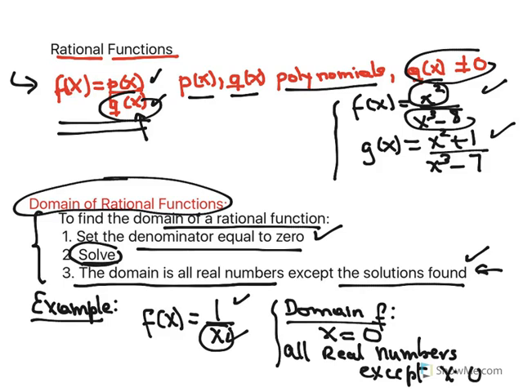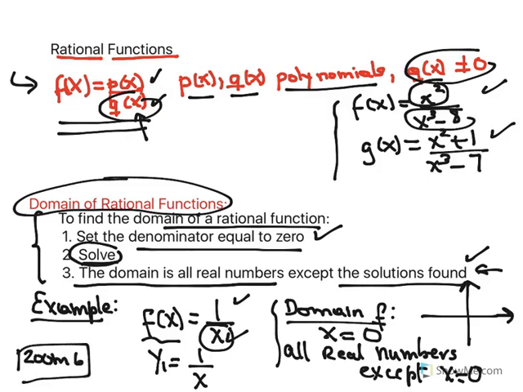x equals 0. Now, if you place this function in your calculator, y1 equals 1 over x, and you do a zoom 6 to graph this function, you're going to see that the graph is represented by this in the first quadrant and by this in the third quadrant of the plane.